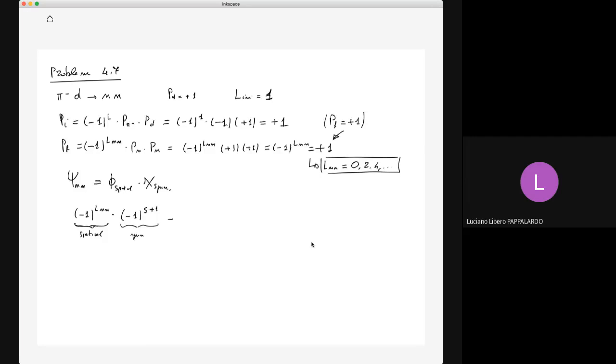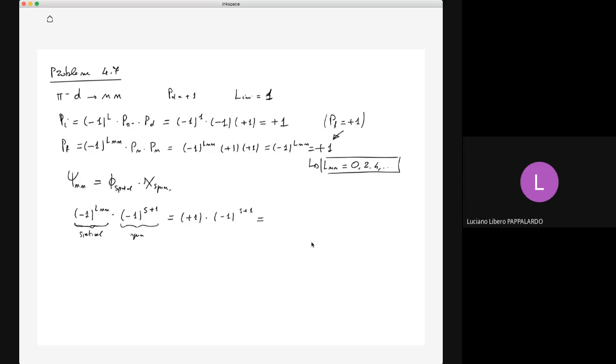So the first must be +1 because L can only be an even number, 0, 2, 4, whatever. And then for the second we don't know, so this is still (-1)^(S+1). But we know that the total wave function must be antisymmetric, because we have a system of two identical fermions.